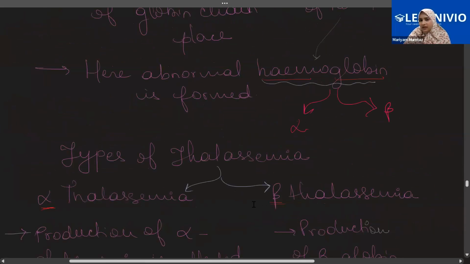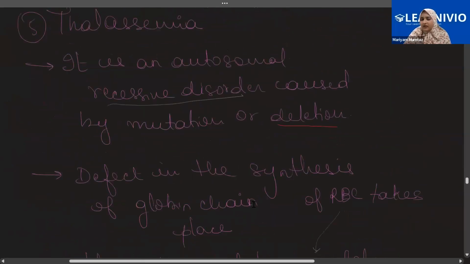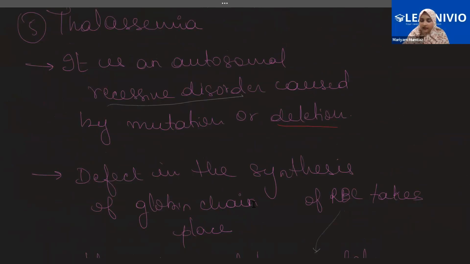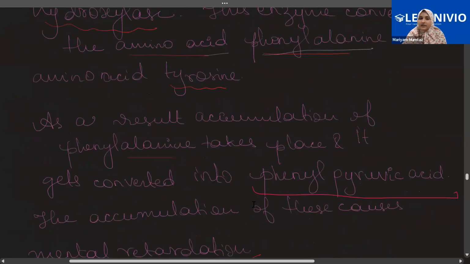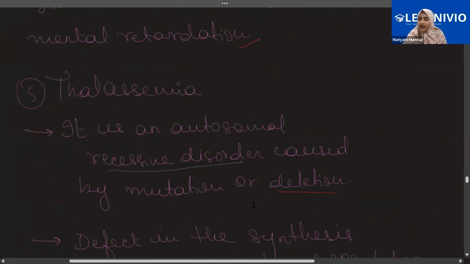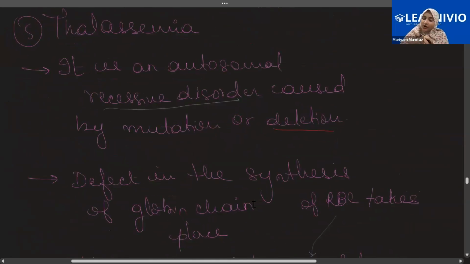Now, if you think about it, in thalassemia also we are having hemoglobin disruption in one way or the other, isn't it? Hemoglobin is not synthesized properly, right? And in sickle cell anemia, also the RBCs that have the hemoglobin are getting affected. So what is the difference between them?